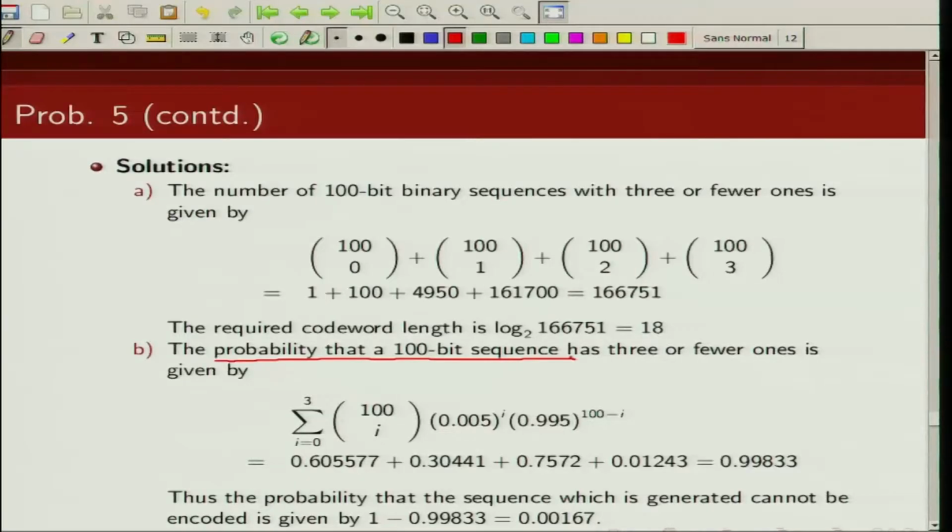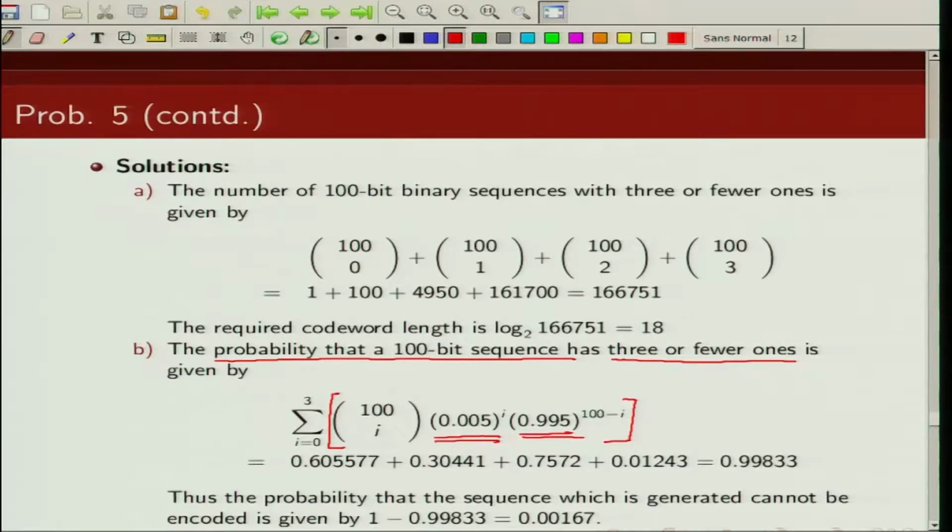So let us compute the probability that the 100 bit sequence has 3 or fewer ones. So this is the probability of occurrence of 1, this is the probability of occurrence of 0.